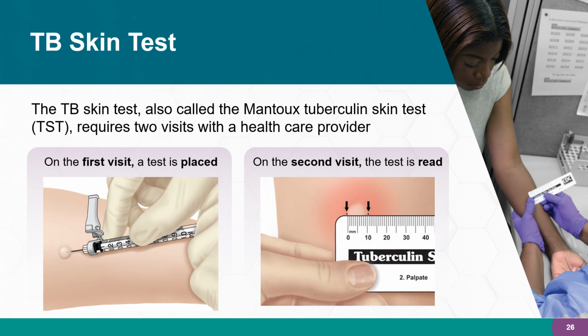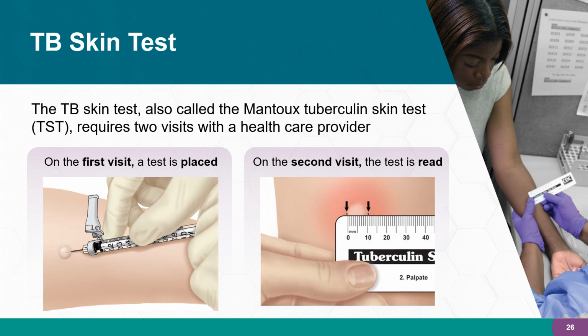A person given the tuberculin skin test must return within 48 to 72 hours to have a trained healthcare worker look for a reaction on the arm. The results depend on the size of the raised hard area or swelling.